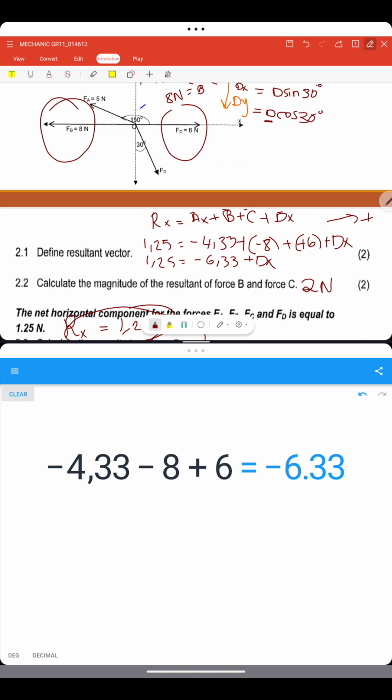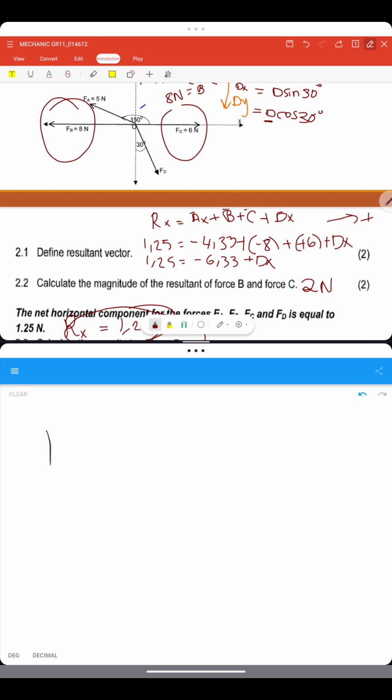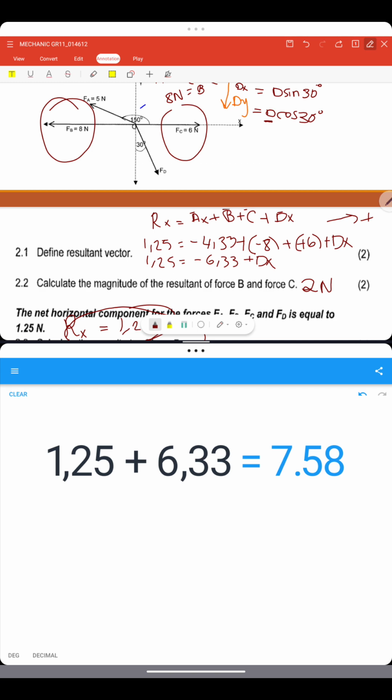If I solve for dx, then I need to transpose. I have 1,25 plus 6,33. So that tells me that dx will be equal to 7,58 Newton.